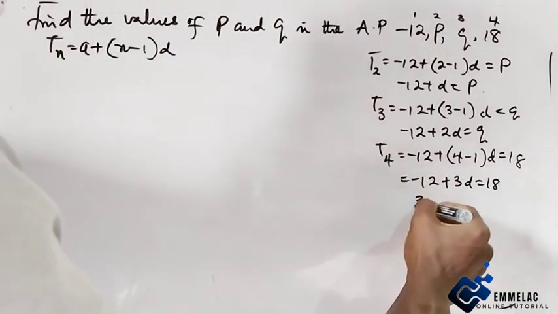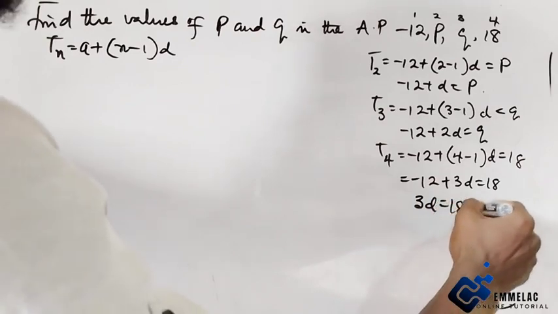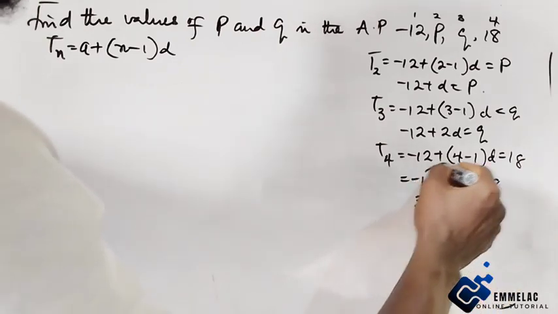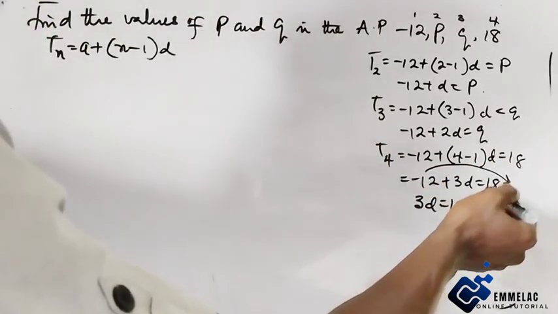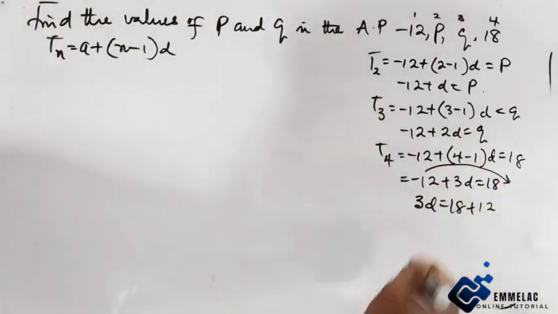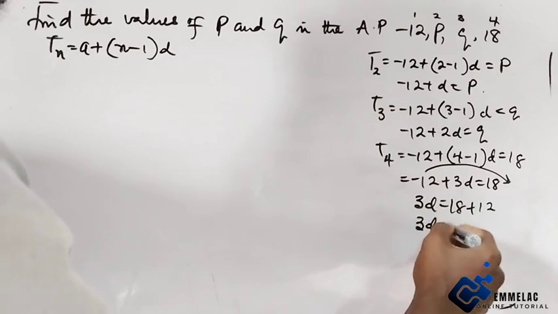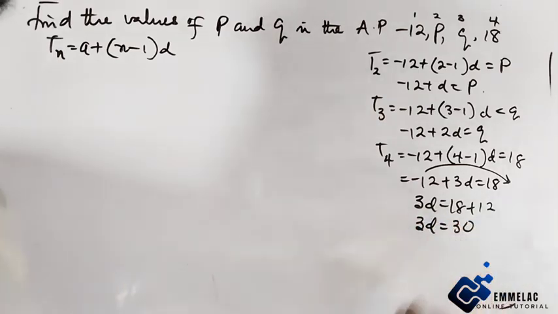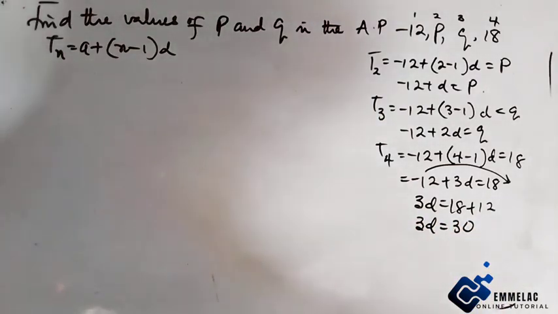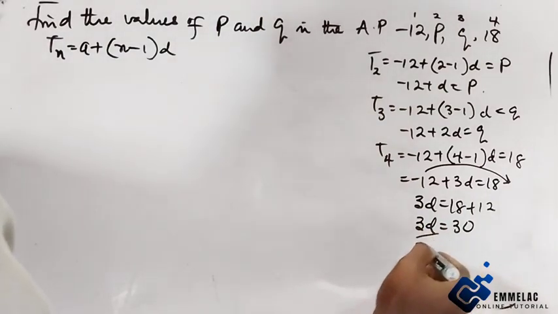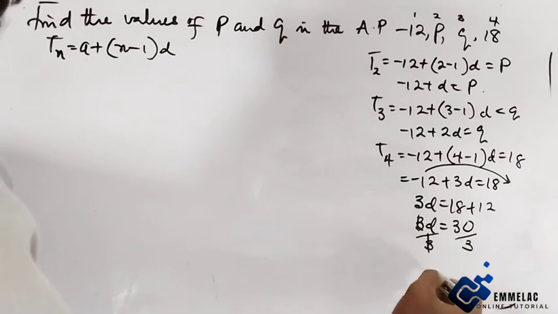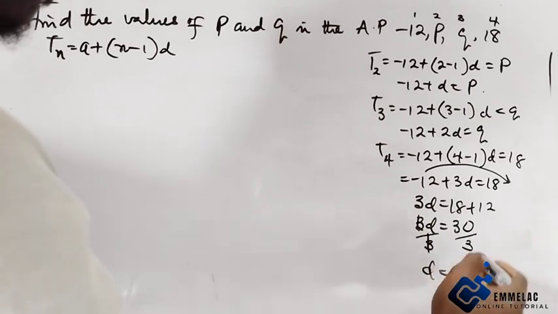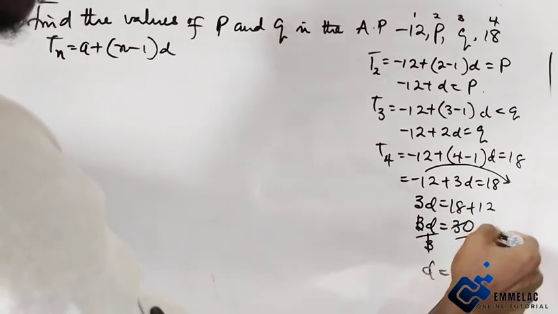So we have 3D equals 18 plus 12, transposing this over to this side, and the sign, as it crosses the equal sign, becomes plus. So you have 3D equals 30. Now what we need to do is divide both sides by the coefficient of D. This cancels this, so our D here equals 10.